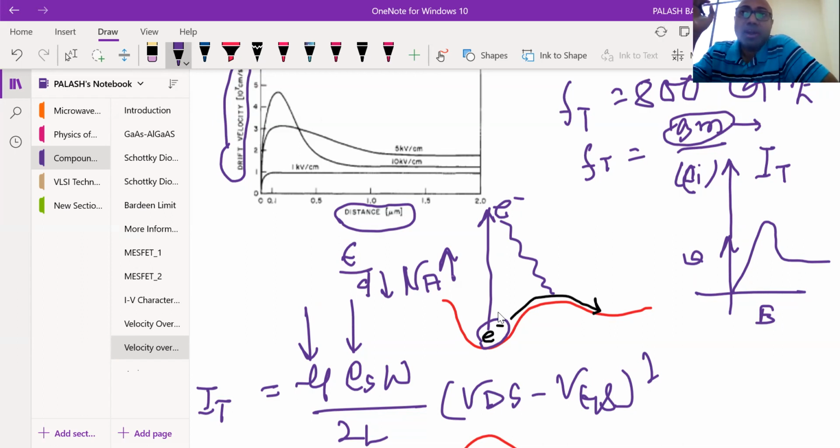So for 800 gigahertz, what would be my GM for a particular dimension of CI? CI means input capacitance. That you definitely know from your graduate degree course, like how to calculate CI and all these things for any transistor.